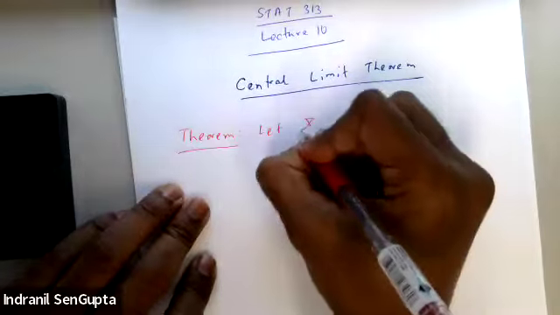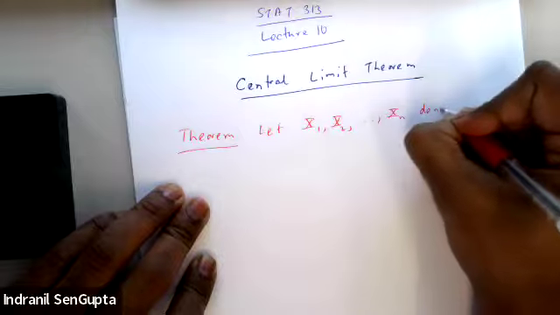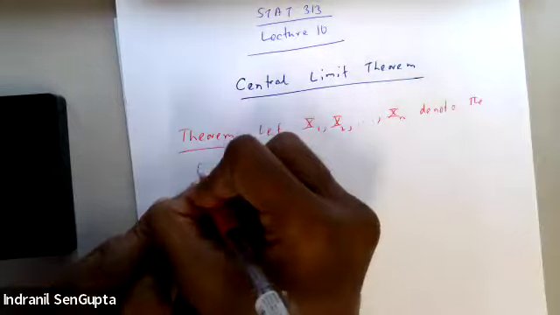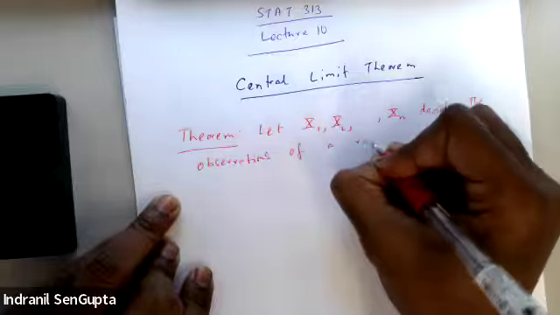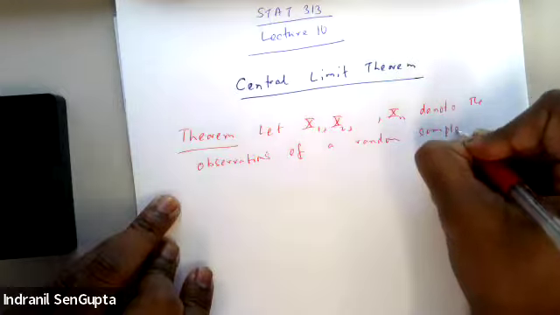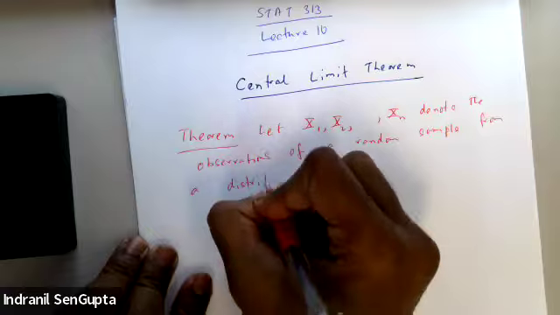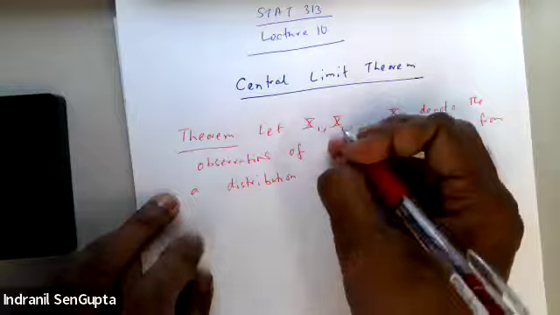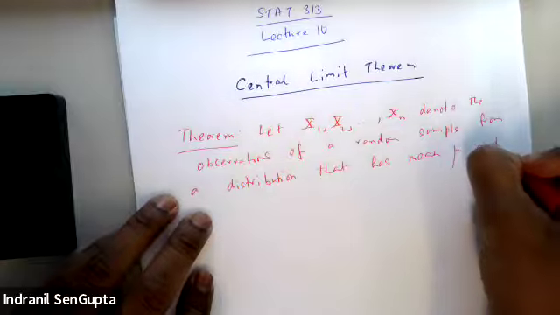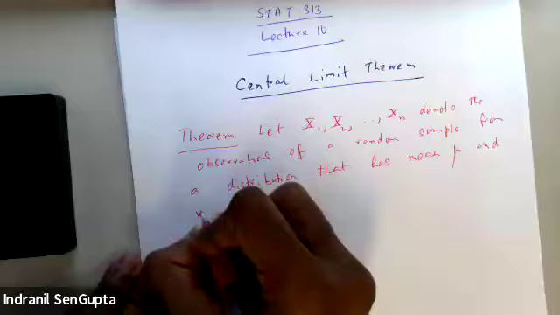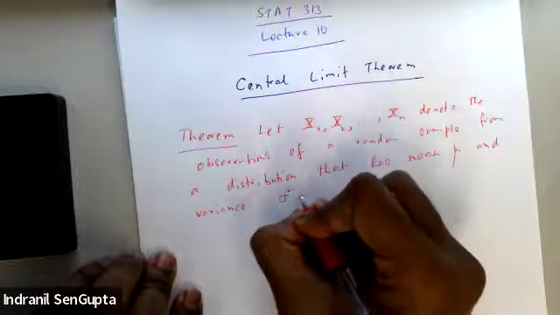Let X1, X2, ..., Xn denote the observations of a random sample from a distribution that has a mean mu and a positive variance, sigma squared.